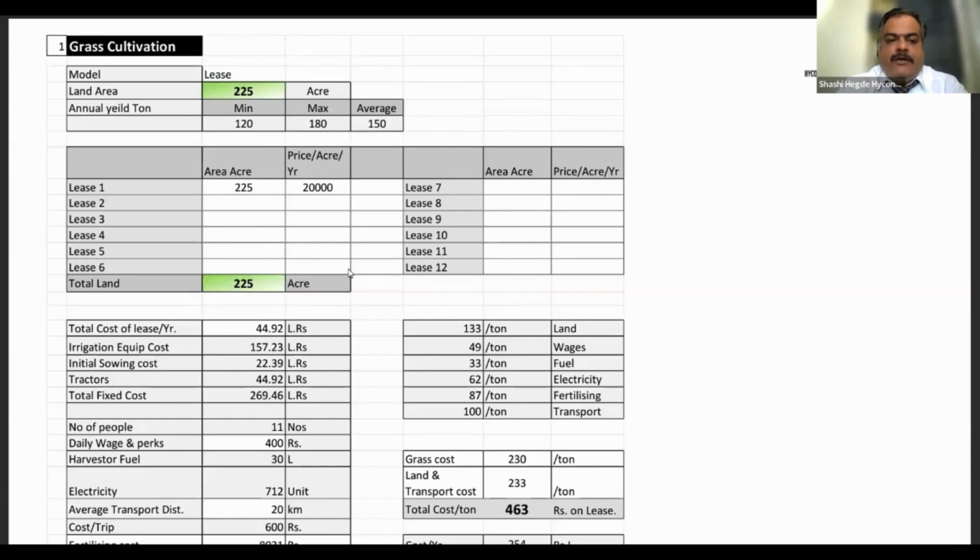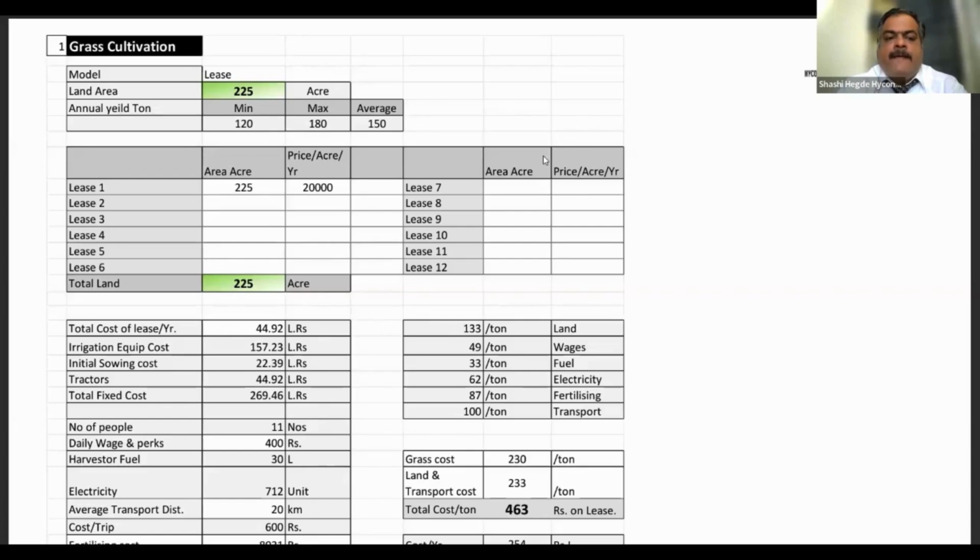So this is the economics of the Napier. Annually, the raw material cost for a 6-ton plant would come to around 2 crore 54 lakh rupees. That is the raw material cost for a 6-ton plant.